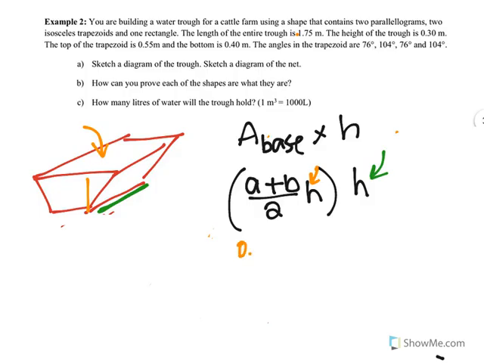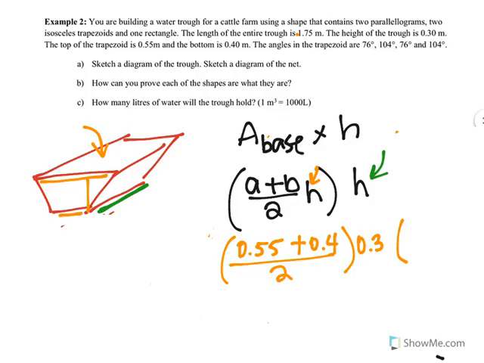So we're going to plug all of these numbers in. Remember that a and b are just the top and the bottom of the trapezoid. So we have 0.55 plus 0.4 divided by 2 times the height of the trapezoid, which is 0.3. And then we're going to times that by the height of the whole thing, which is 1.75. So type all this in together. When you type this plus this, push your equal sign before you hit divided by 2 so that your calculator does proper order of operations.